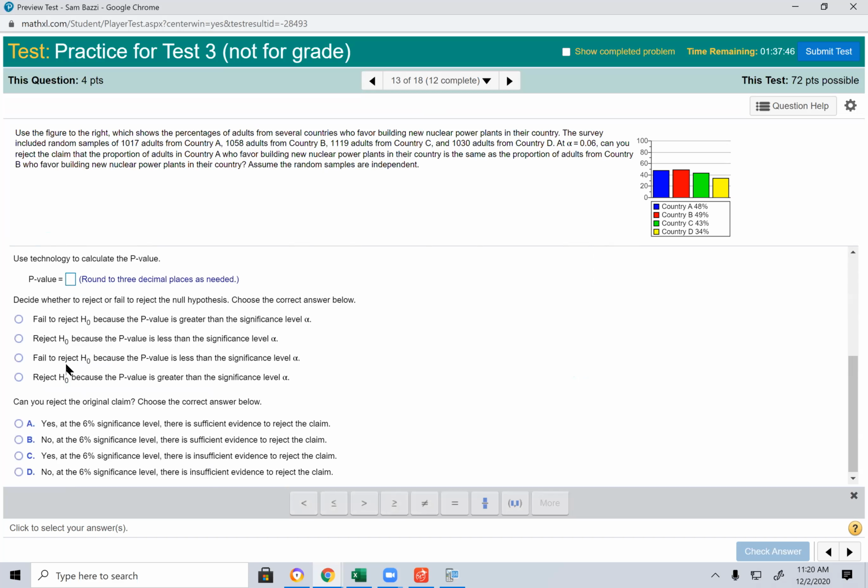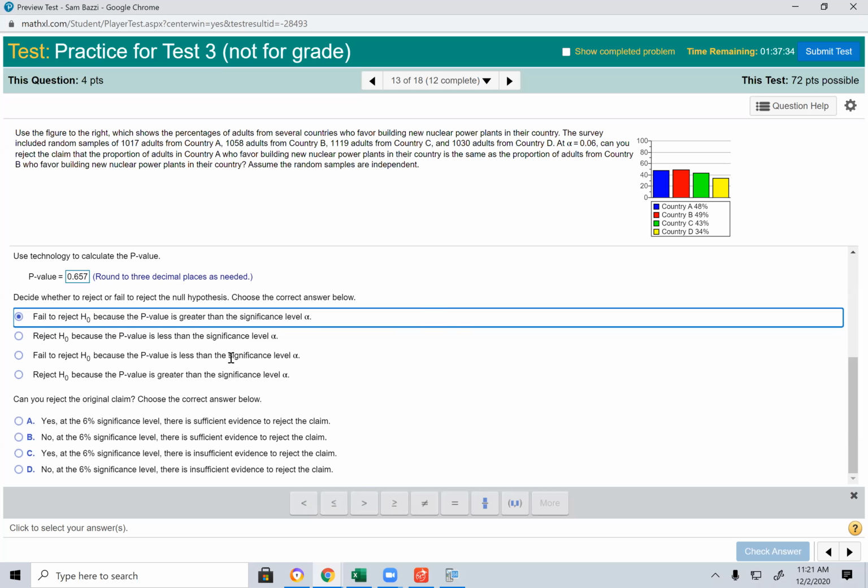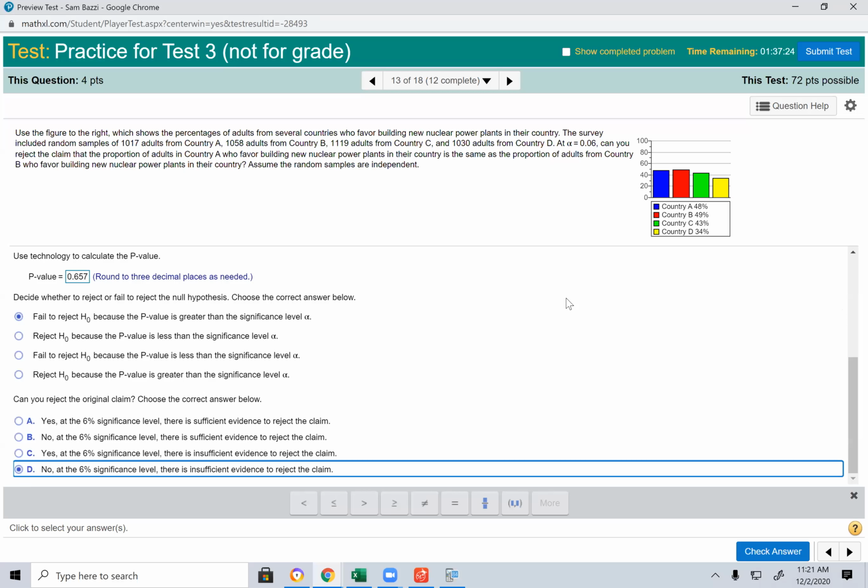And p-value, guys, is 0.657. You fail to reject H0 definitely because the p-value is bigger. Okay. And can we reject the claim that they are the same? No, we fail to reject the claim. No. And that should conclude this.